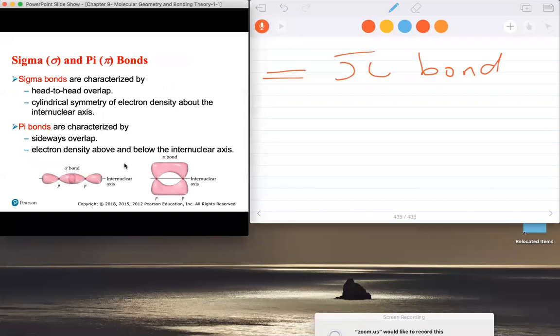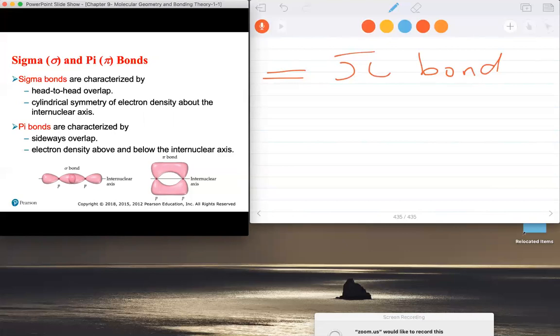In a sigma bond, which is a single bond, there is a head-to-head overlap, and the shared electrons reside in this region of the overlap. If this is a p orbital, which looks like a dumbbell, they overlap head-to-head to form a single bond we call a sigma bond.